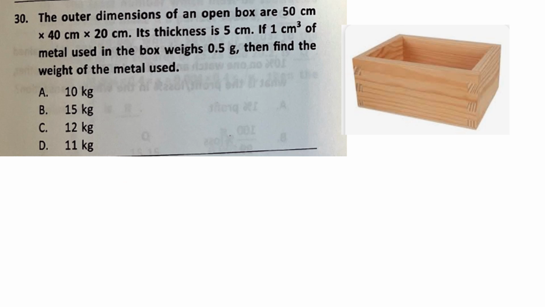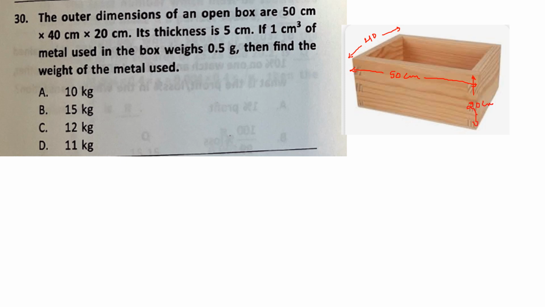So I have given a picture over here. If I am considering this as my outer length, so this is 50, and if I am taking this as my outer breadth, so this is 40, and this is my outer height, which is 20.